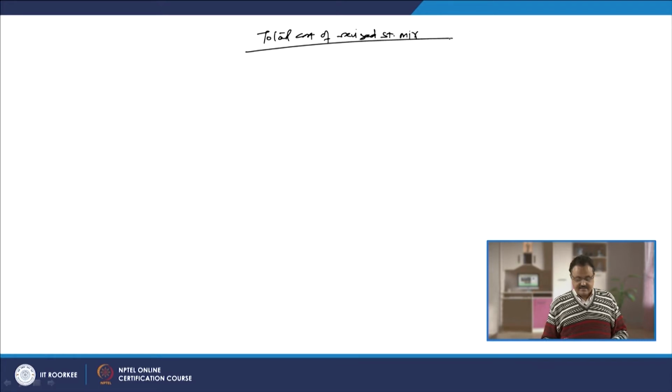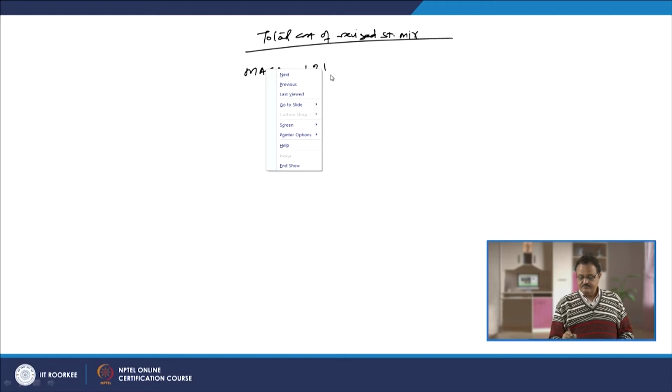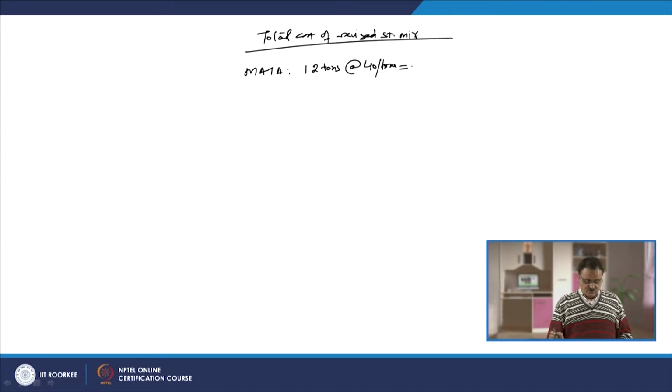Total cost of revised standard mix is going to be how much? Material A is 12 tons at the rate of rupees 40 per ton, so 40 into 12 is rupees 480.